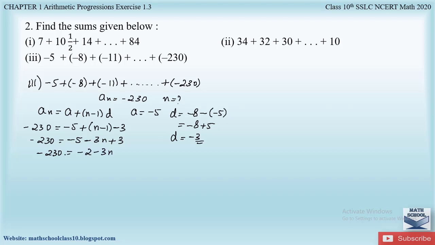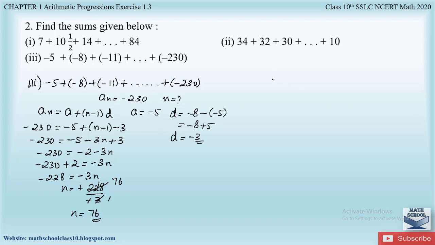If we send the minus 2 to the left hand side, we get minus 230 plus 2 is equal to minus 3n. So minus 228 is equal to minus 3n, or n is equal to minus 228 divided by minus 3. Minus and minus will become plus. 3 7s are 21, 3 6s are 18. So the n value we got is 76. So minus 230 is the 76th term of the AP.